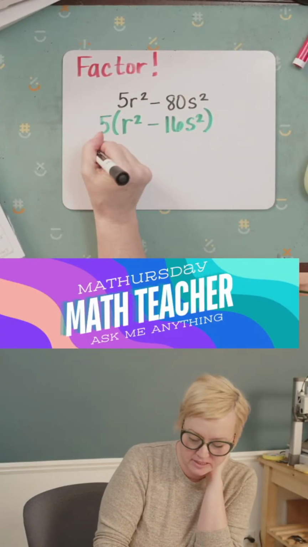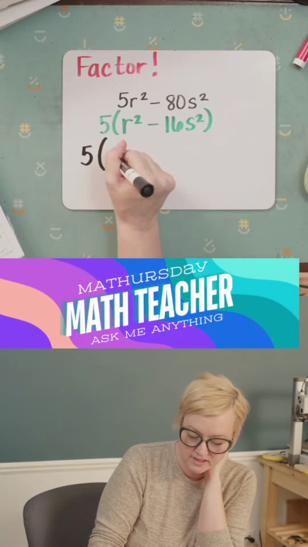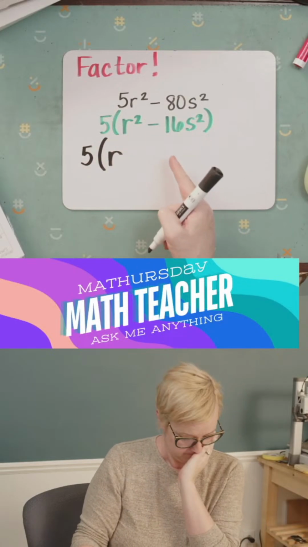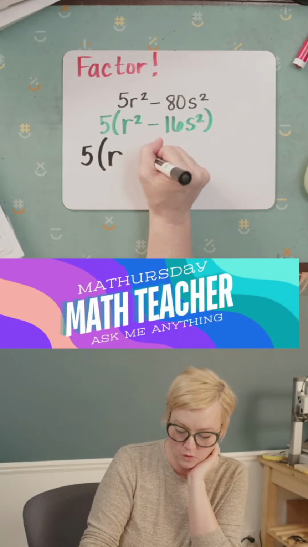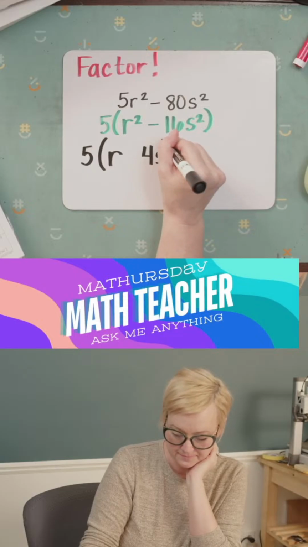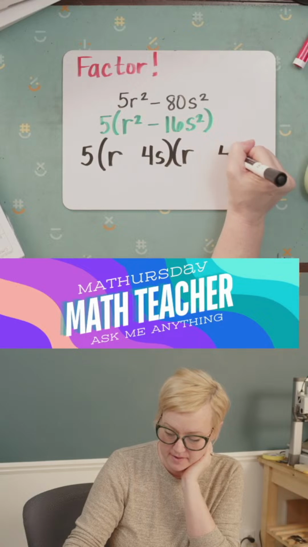So my 5 is still going to be out there. My square root of r squared is r. My square root of 16s squared is 4s. So these are my two terms, my r and my 4s.